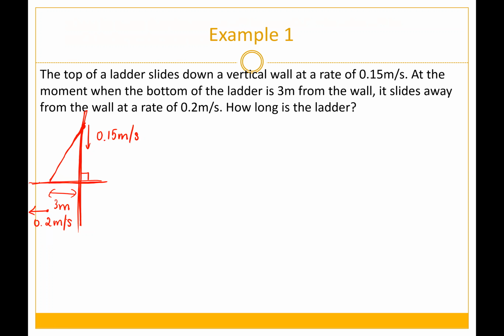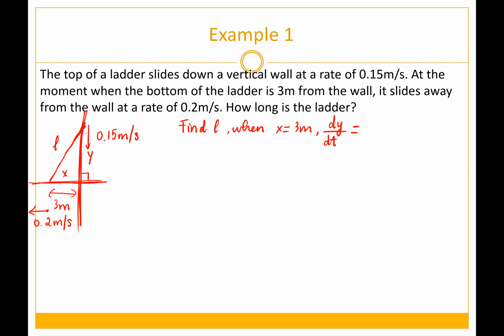Now let me call these x and y, and this is the length L. The first step is that we read carefully, we draw a diagram, we identify the quantities, and so we need to find L when x is equal to 3 meters, given dy/dt.